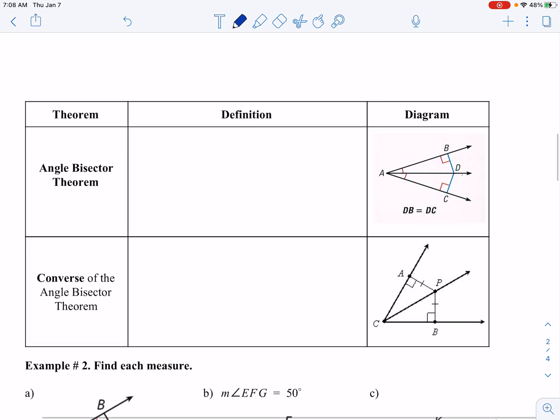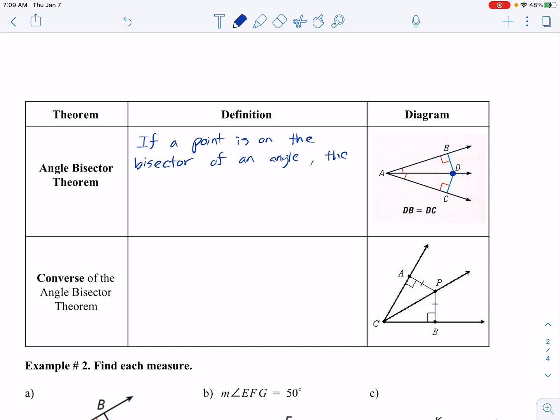So our angle bisector theorem states that if a point is on the angle bisector, so now we're referring to point D, if a point is on the bisector of an angle, then it is equidistant from the two sides of the angle.